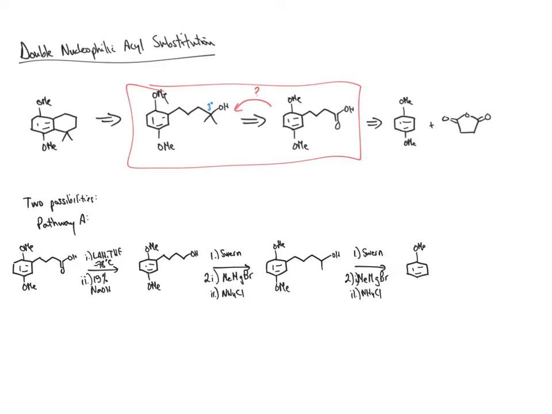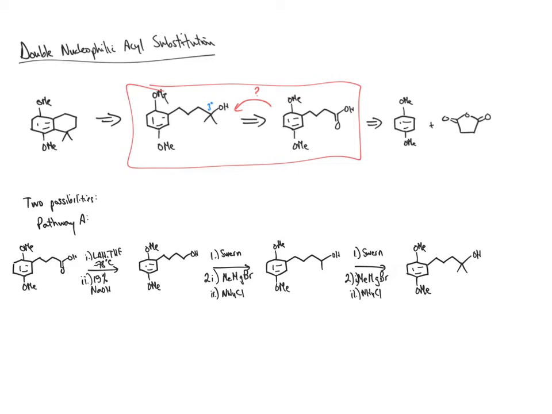And so now we've oxidized up to the ketone, followed by addition of another equivalent of methyl magnesium bromide to generate the tertiary alcohol.